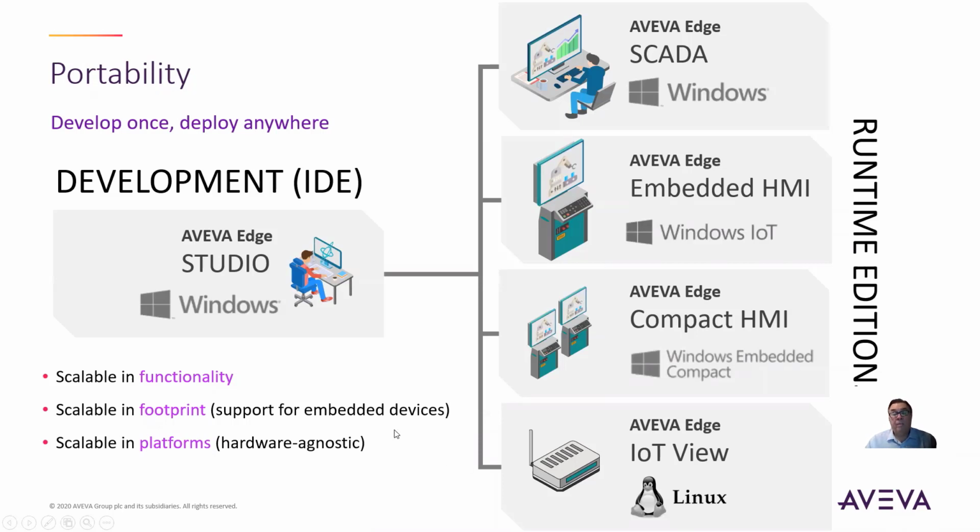And that flexibility really gives you the capability to pick and choose and scale. For example, if you happen to be a machine builder or system integrator, you can offer your customers a standard level product, a high-end product, and maybe a low-end product based on cost, based on size or resolution of the panel PC that you want to use. And the other benefit is the ability to develop once and deploy anywhere.